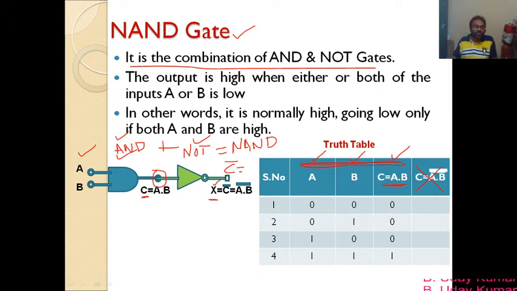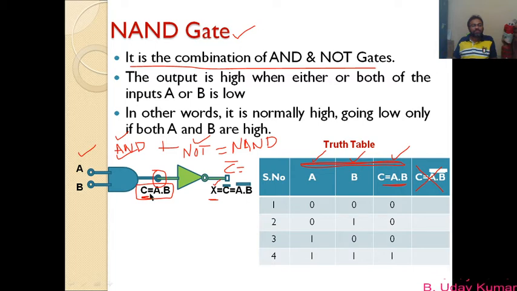So I hope it is clear. Please remember, C is the output of the AND gate and also the input of the NOT gate, and hence I can write the output of the NOT gate, or NAND gate, as X, which becomes C bar because C is the input of the NOT gate.